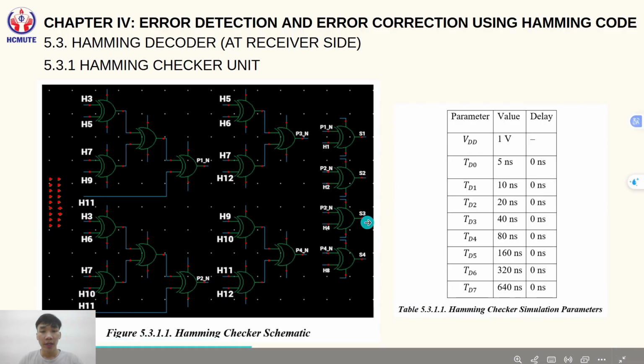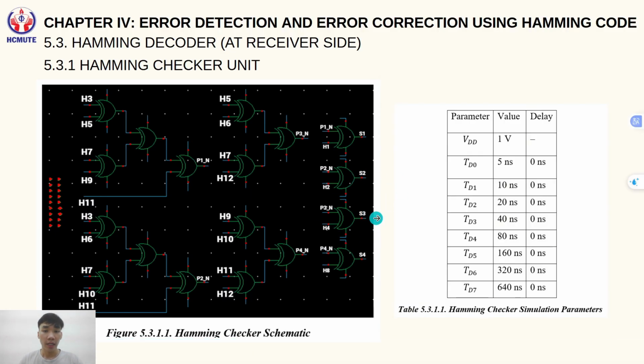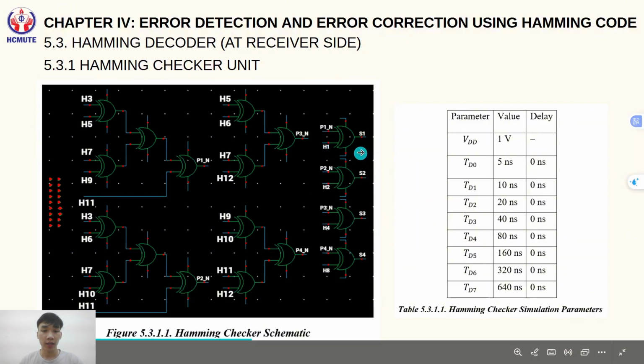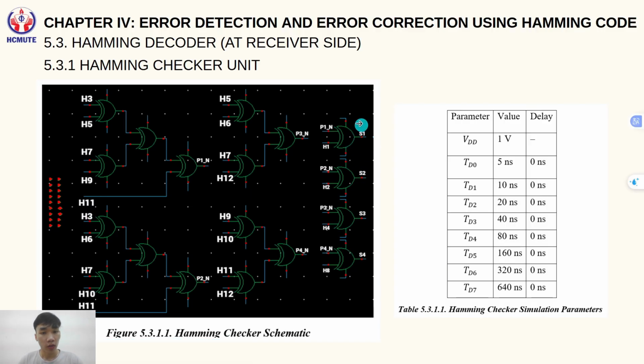Then each newly calculated parity bit is compared with the corresponding received parity bit using an XOR operation. S1 equals B1n XOR x1, S2 equals B2n XOR x2, S3 equals B3n XOR x4, and the last one, S4, equals B4n XOR x8.